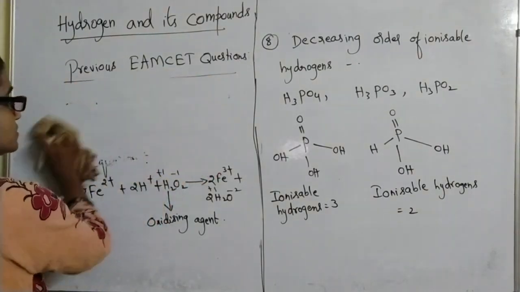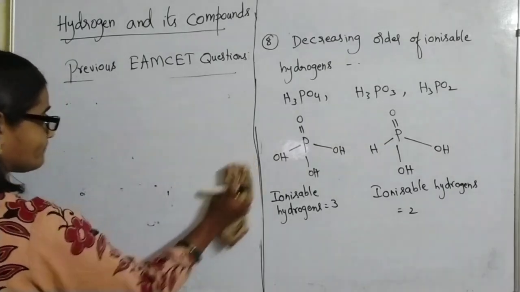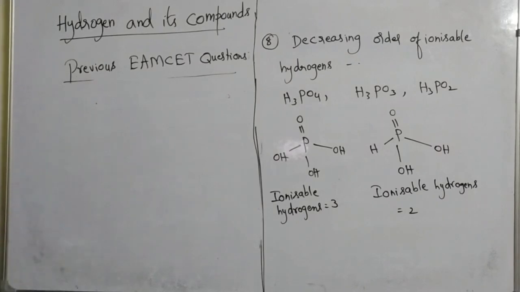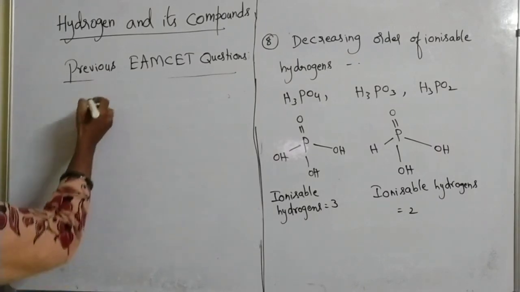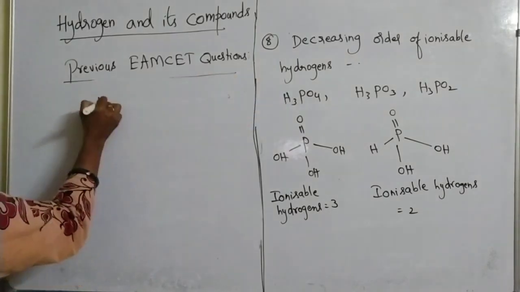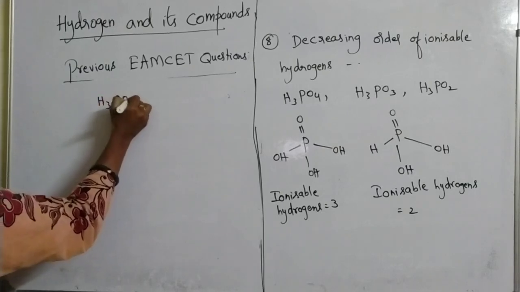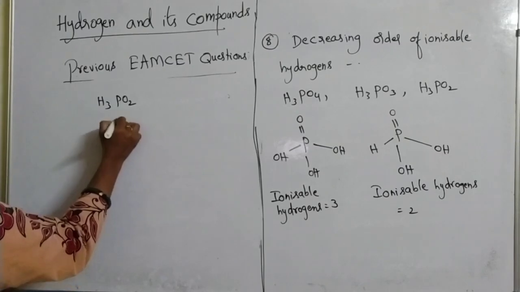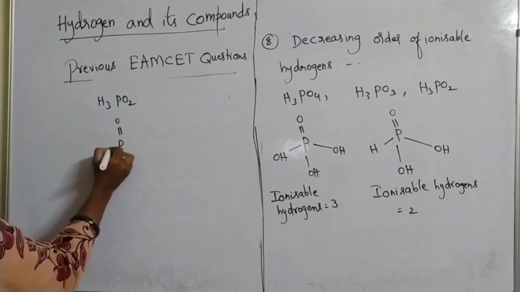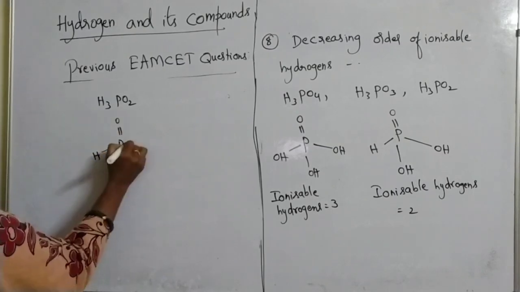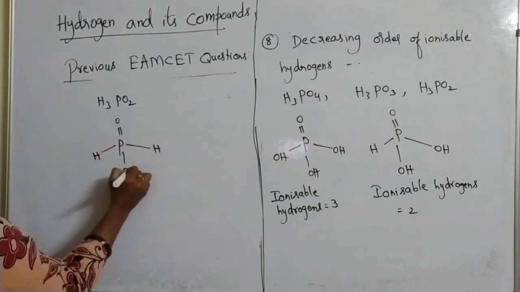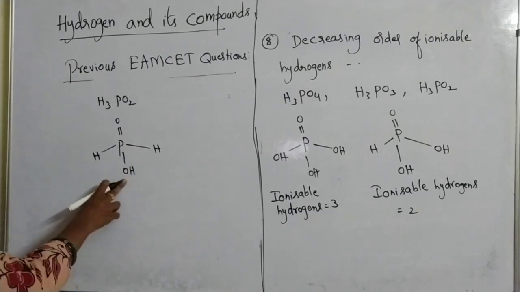Okay, go for the third structure. What is the third structure which is given to you? H3PO2. It has a structure like this: P double bond O. 2 hydrogens are connected directly to the central atom phosphorus, and 1 hydrogen is connected to oxygen.